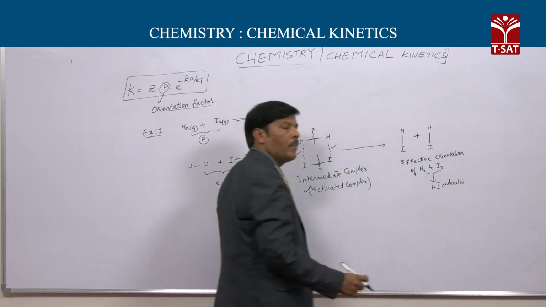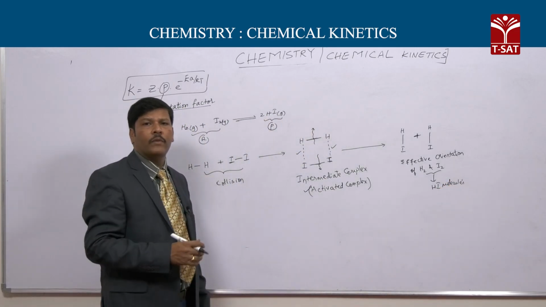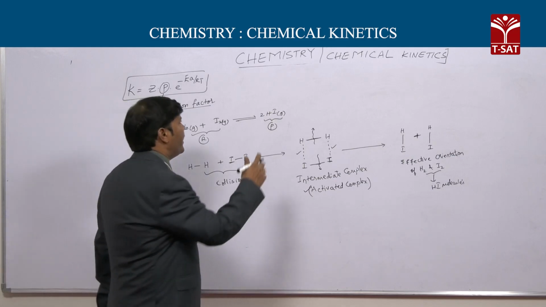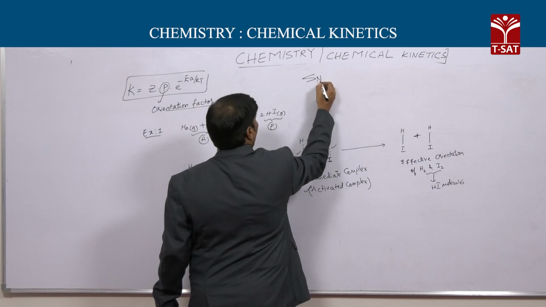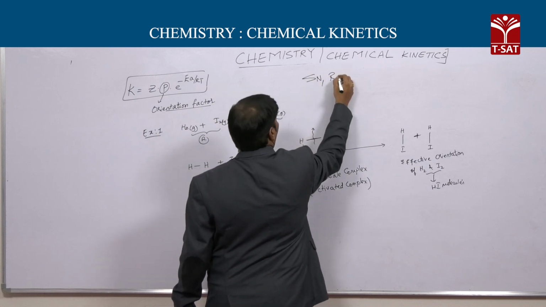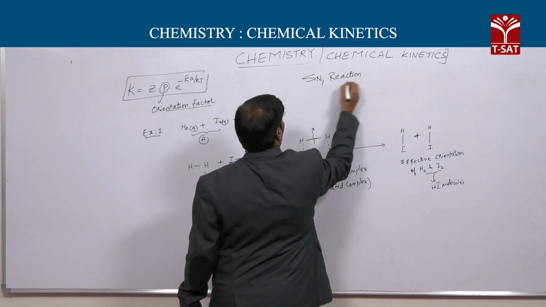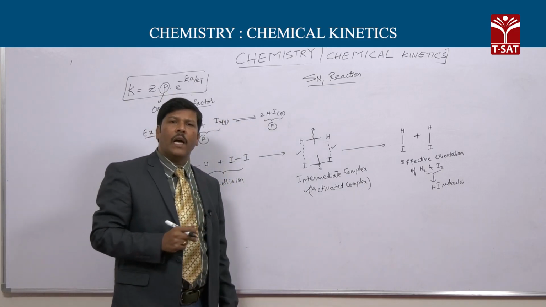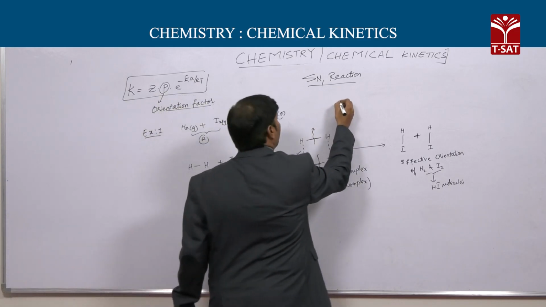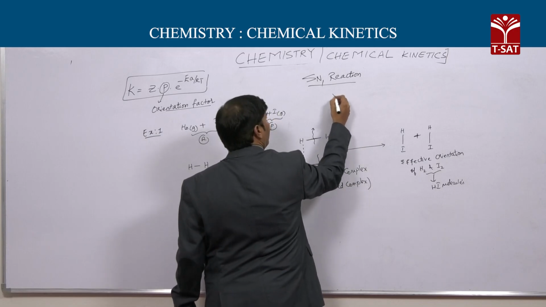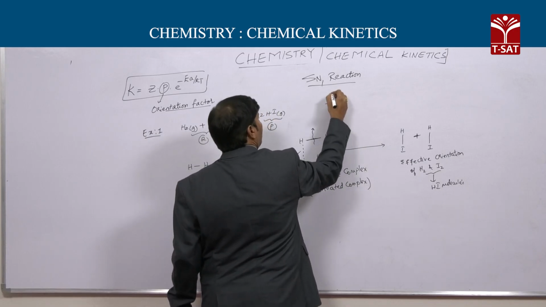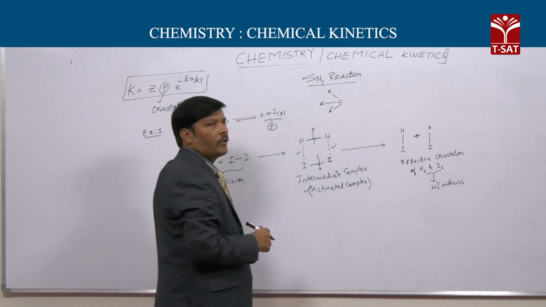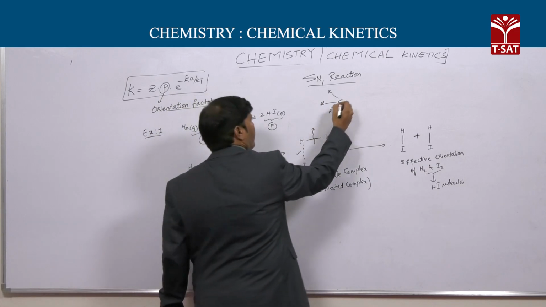Even in the case of substitution nucleophilic reactions, in the case of SN reactions, if you take the SN1 reaction in particular, you find that tertiary alkyl halide, for example, if this is the tertiary alkyl halide, that is R, R dash and R double dash, 3 different alkyl groups I am taking, and here we have a halide.